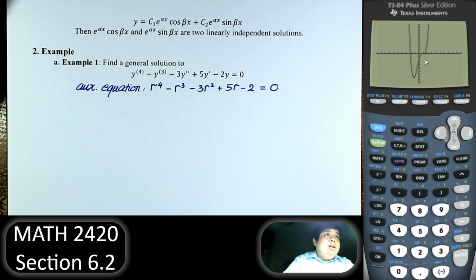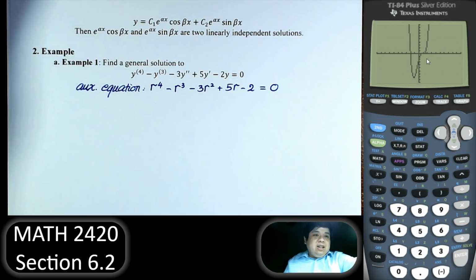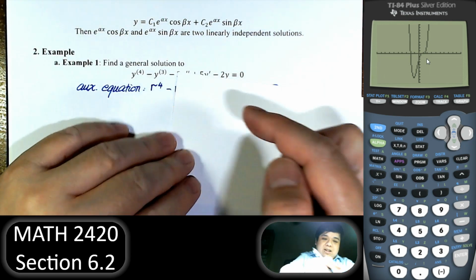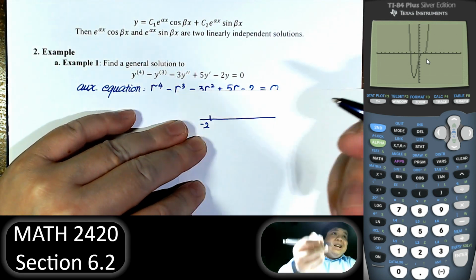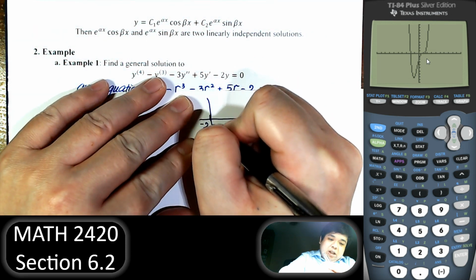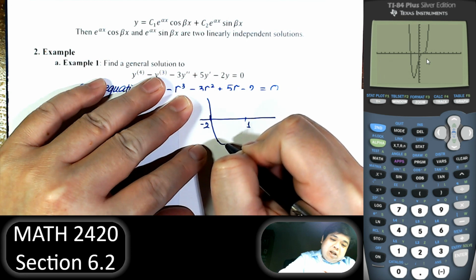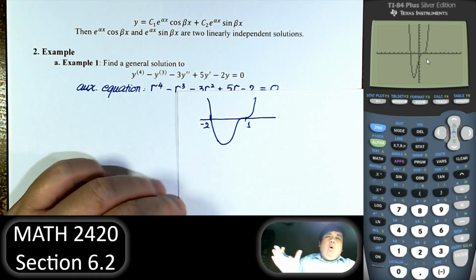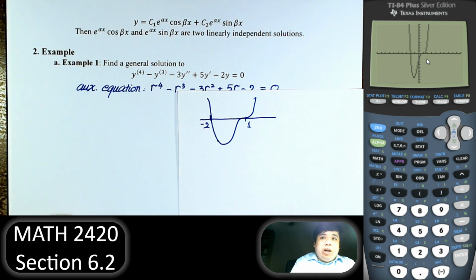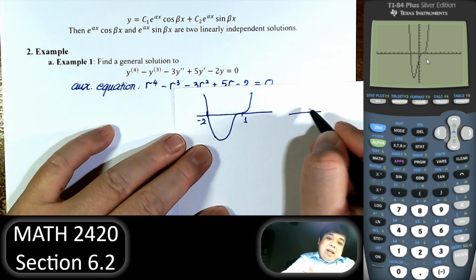Now, the difference between those two solutions is that you see at -2, it goes straight through. But when it goes to 1, it's not going straight. It's kind of flat, but still going through. Now we go way back to college algebra. We learned that if it is an odd multiplicity, it will go through. If it is an even multiplicity, it will bounce.